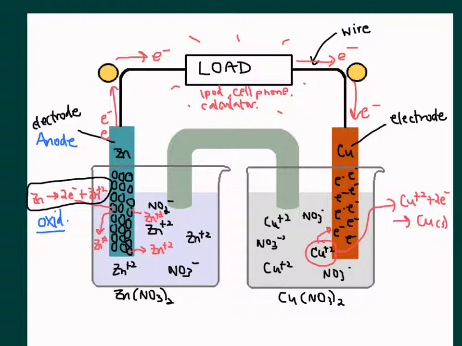So these copper ions in solution that are floating over here and bumping up against this electrode and picking up these extra electrons are going to go through, of course, reduction. And the copper, when it turns into a solid, is just going to start to stick and build up on the side of that electrode. So you're going to find that this electrode, which, by the way, where reduction happens, that electrode is called a cathode.